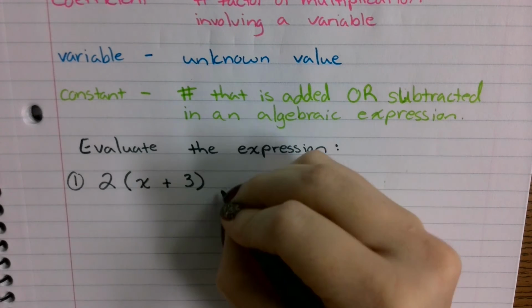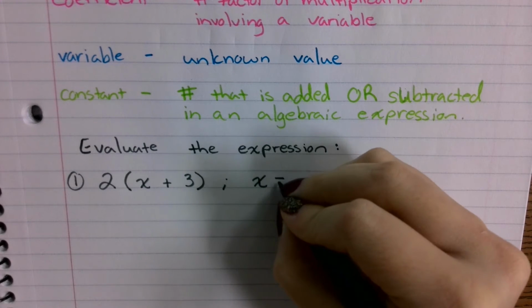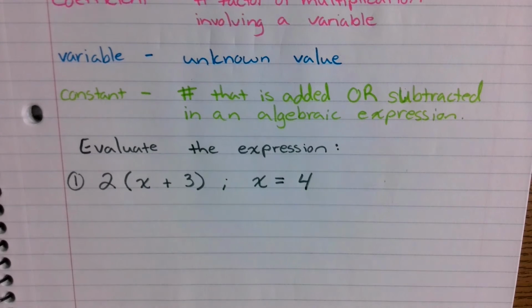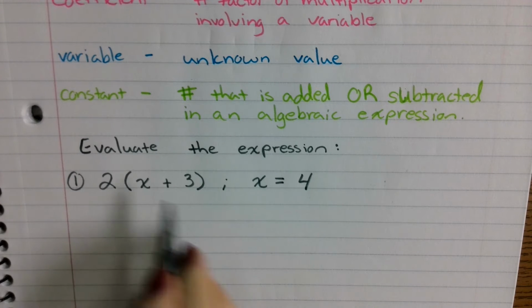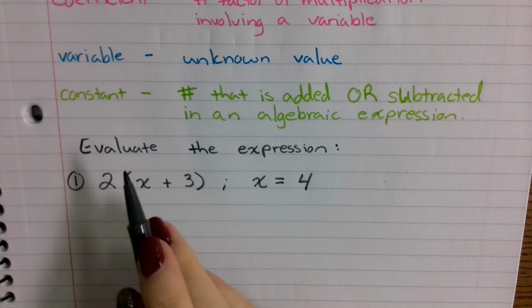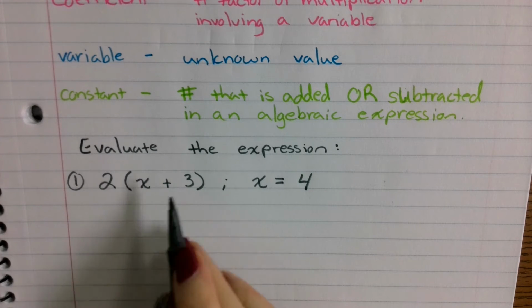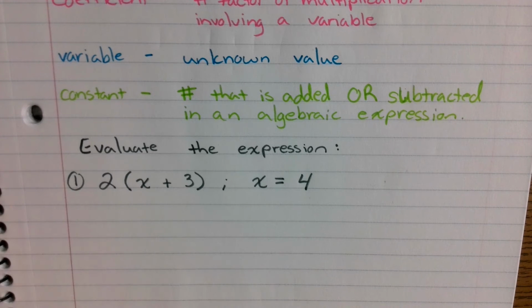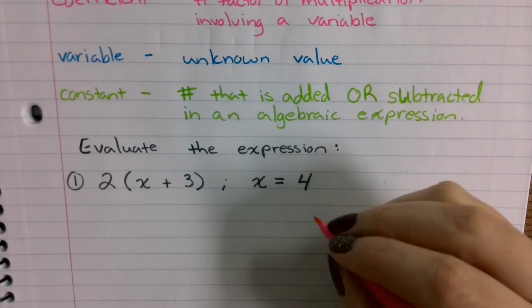And I'm telling you that x is going to be equal to 4. So I want to know if x is equal to 4, then what does 2 times the quantity of x plus 3 equal? So the first thing that you're going to do is you're going to substitute.